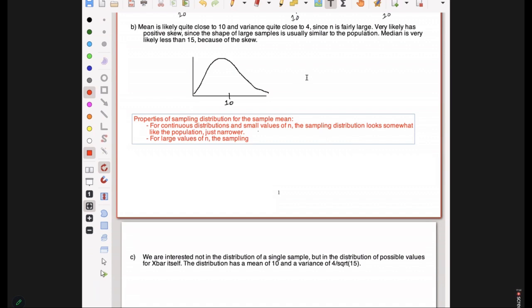It may not be elegant, but if we know the population, we can always find the sampling distribution in theory. And for large values of n, the sampling distribution is approximately normal due to the central limit theorem.